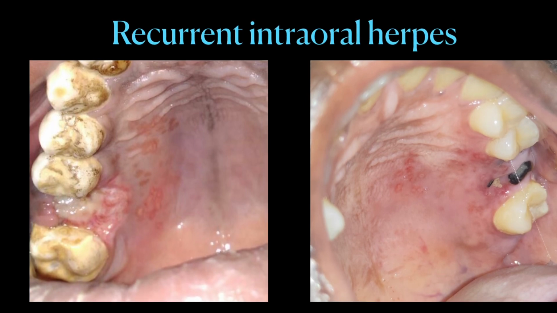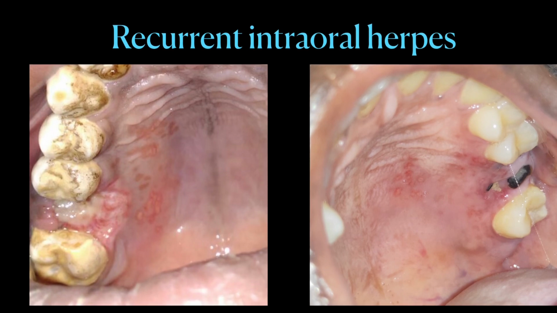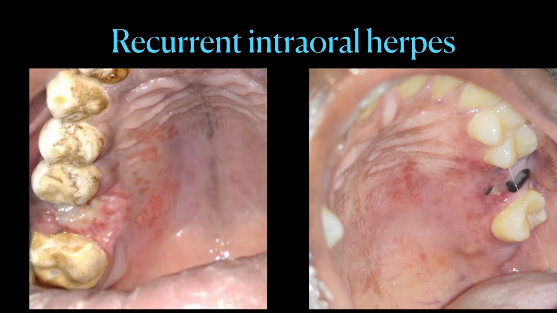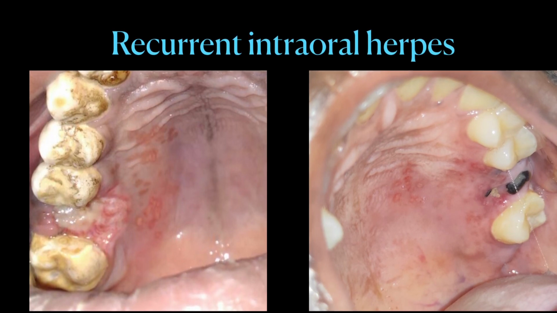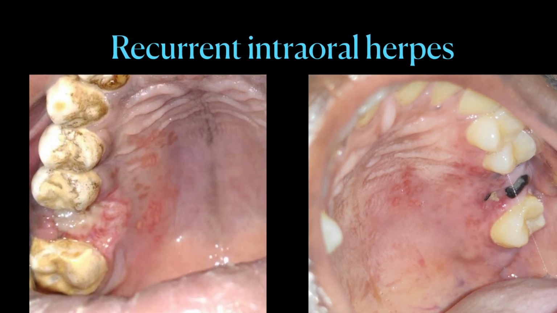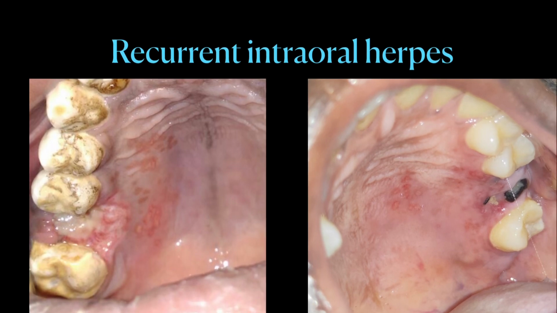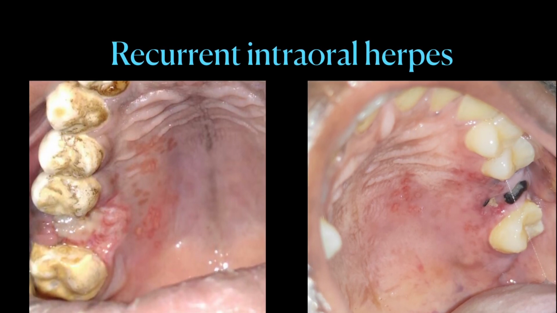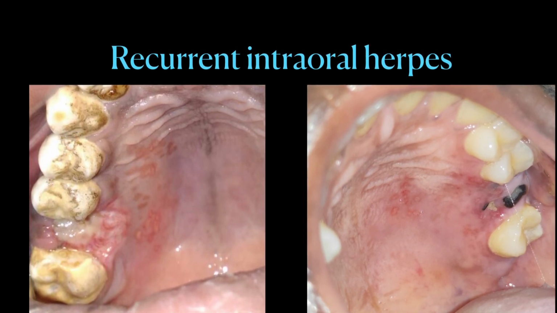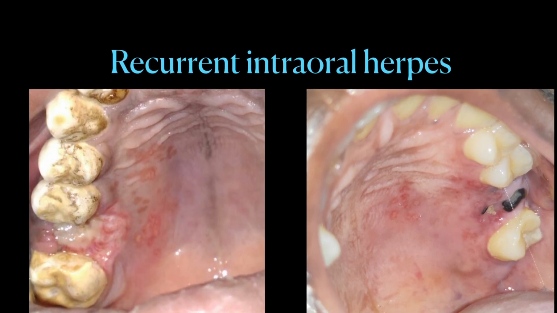For example, in the first pic you can see the patient complained of pain in the extraction socket, whereas in the second pic the patient complained of pain in the root stumps 2-6. From the clinical aspects, it's very important that we diagnose these conditions first. Most beginners tend to prescribe topical steroids for intraoral herpes without thinking twice.